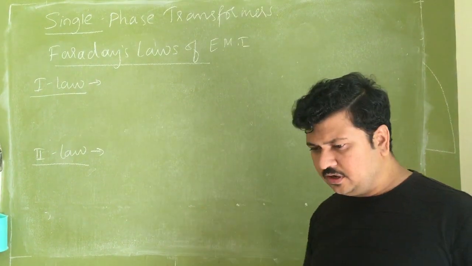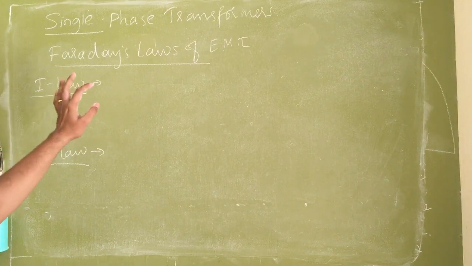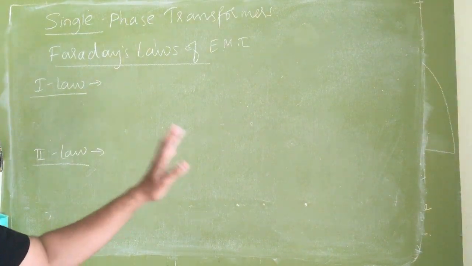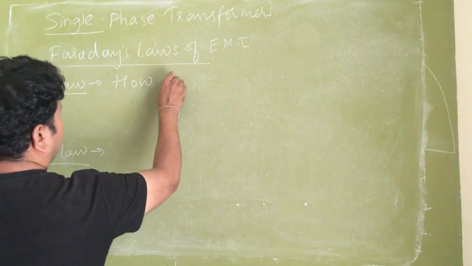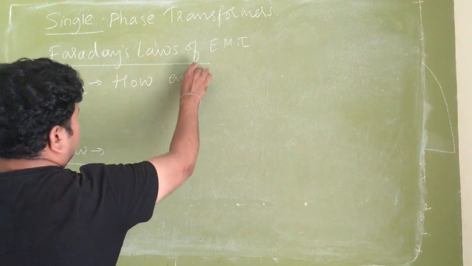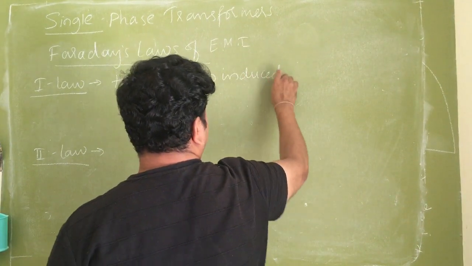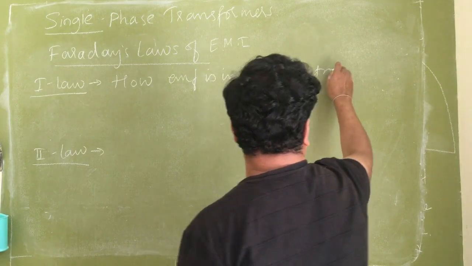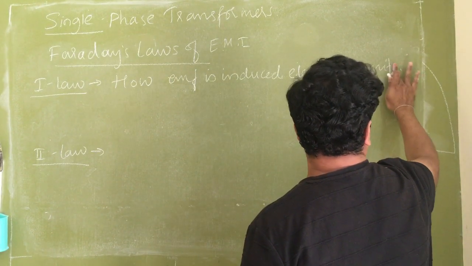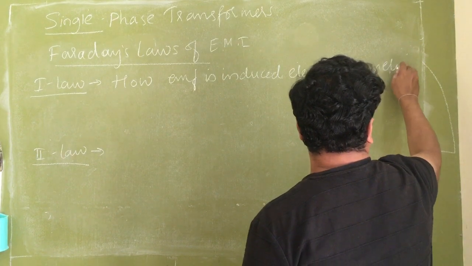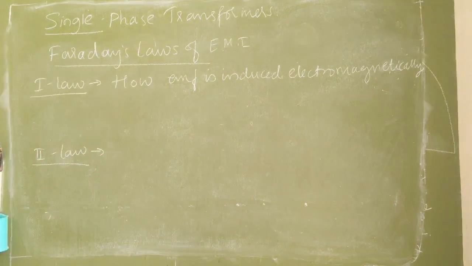So Faraday's first law states how an EMF is induced electromagnetically. This we should remember first: how EMF is induced electromagnetically. And what does the second law give?